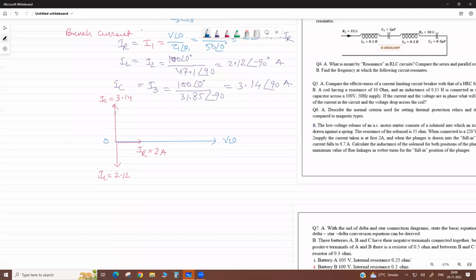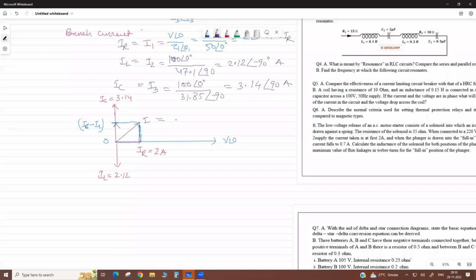My dear, these currents are opposite. So if we subtract, here we get IC minus IL, and this is your resistive current. If we calculate their resultant, this is your resultant current, that is the total current.